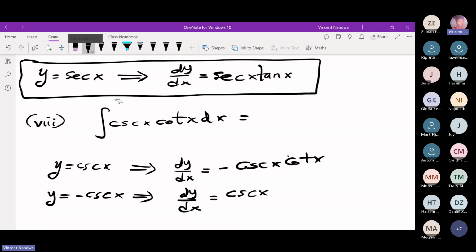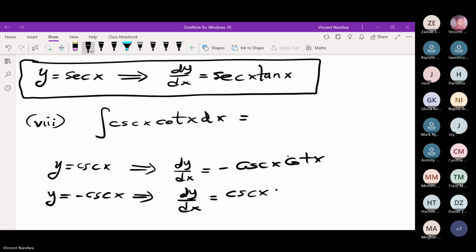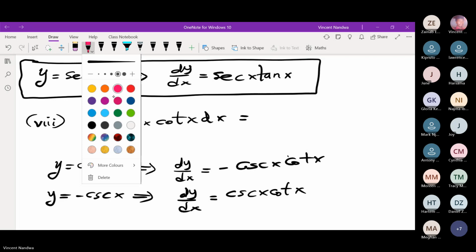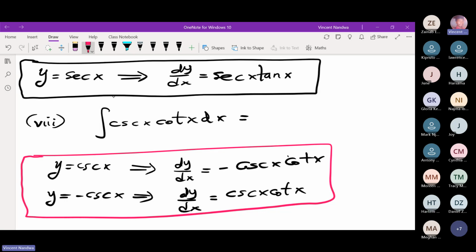So which means now the given integral will have the solution cosec x plus c.